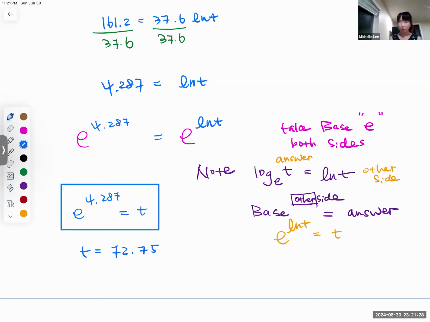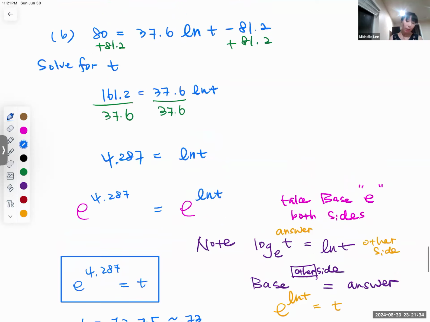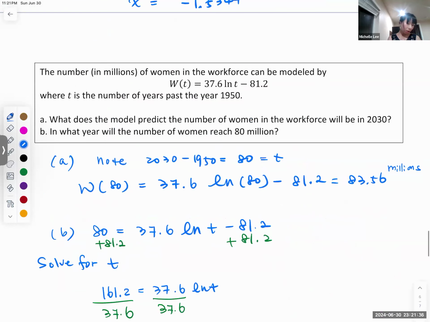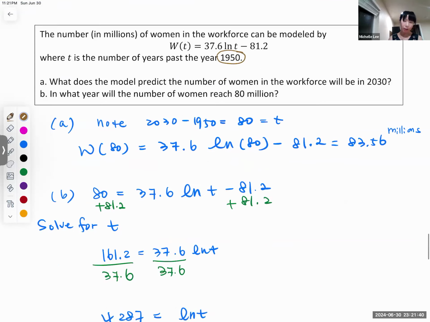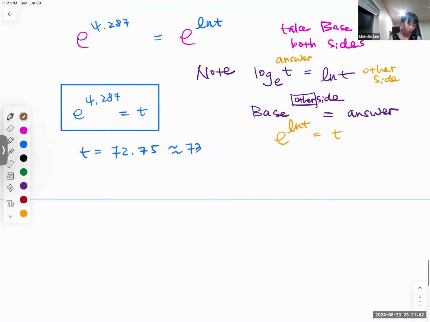Since it is time, we make it 73. Then once again, t starts at 1950, so we add them. We get the year 2023, right?